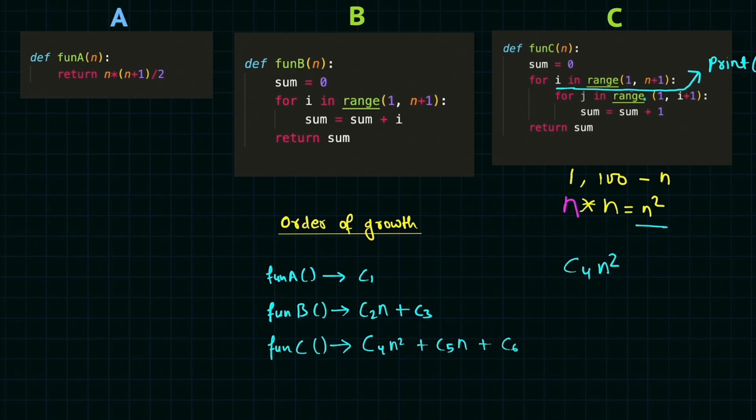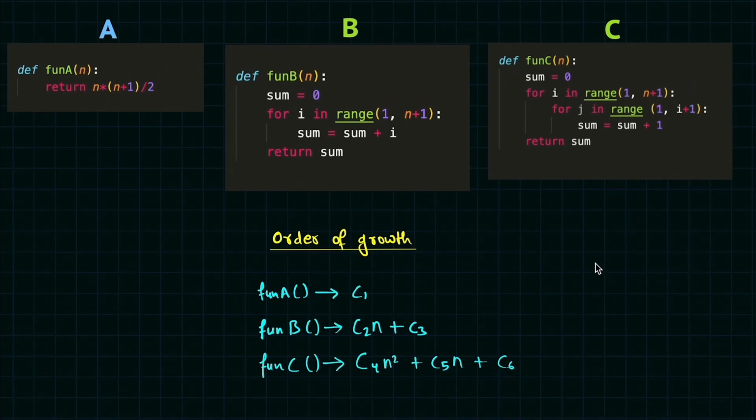So it is of linear time n, and the multiplier let's say is C5n, which is for the expression inside the outer for loop. Terms inside the inner for loop run n square times, and the terms inside the outer for loop but not inside the inner for loop will run n times. And there are some constant operations as well, like initialization of sum, returning of sum, which we write as C6. So this is the expression for order of growth of the third function C.